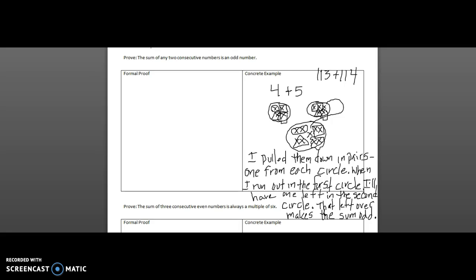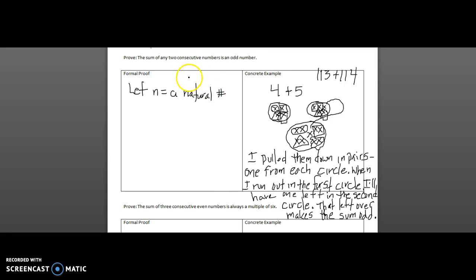Okay, so now we're going to come over here and I want to work on the formal proof. So the formal proof involves variables. What I have to do is start a formal proof the same way every time. I'm going to say let n equal a natural number.